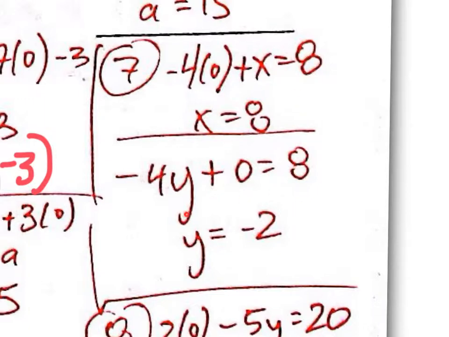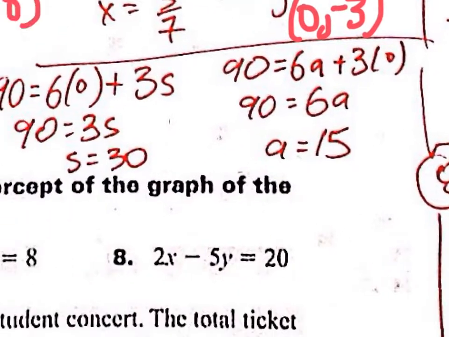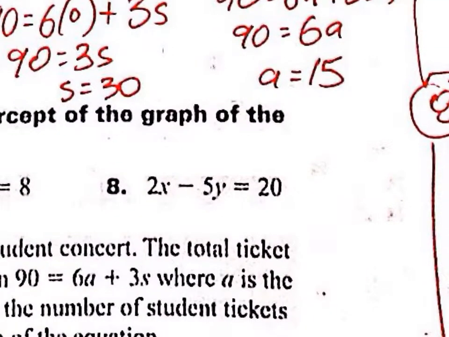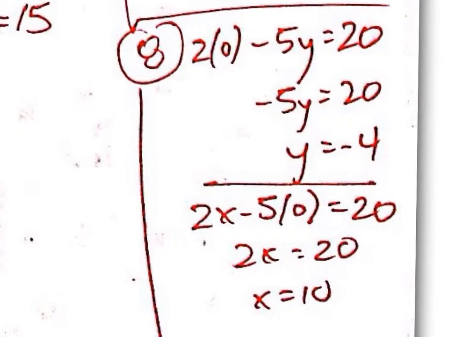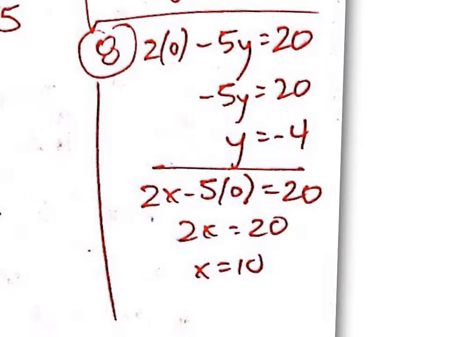So, x-intercept, y-intercept. Number 8, 2x minus 5y equals 20. Substitute in a 0 for x, and we end up with y equals negative 4. Substitute in 0 for y, and we end up with x equals 10. So x-intercept is 10, y-intercept is negative 4.